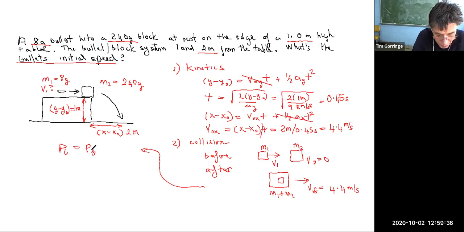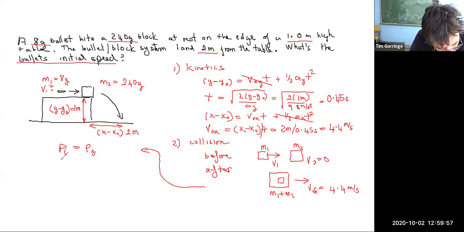Pi equals Pf. Now, momentum is a vector, but in this case, I'm just considering the momentum in the horizontal direction. So I've just written a Pi and a Pf. I could have written a Pix and a Pfx.